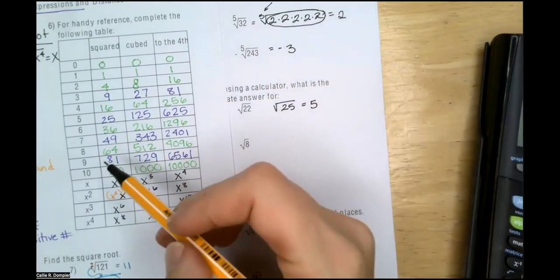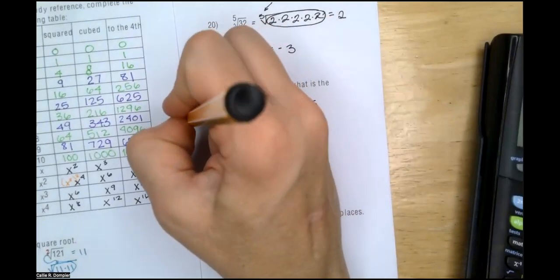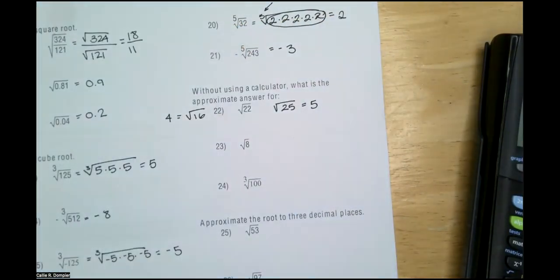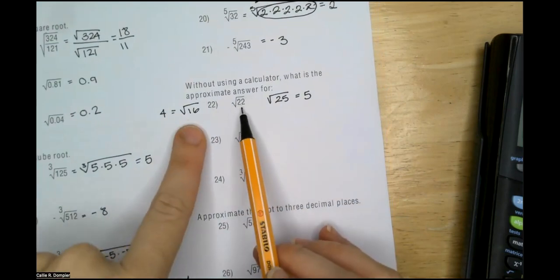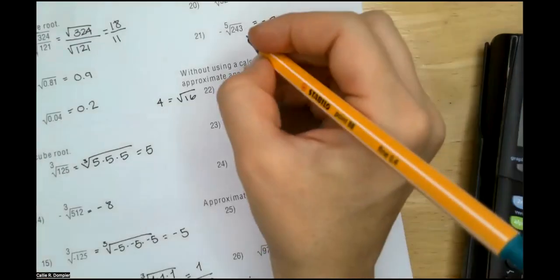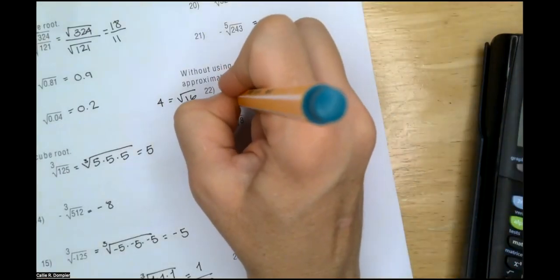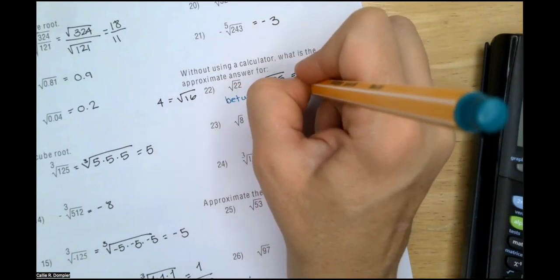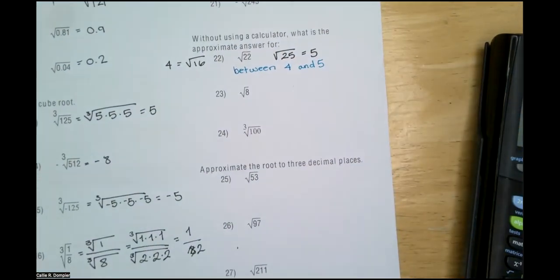And if I had the square root of 16 on this side, it would be 4. 22 is between 16 and 25. So 22 is going to be between 4 and 5 is our approximate answer.